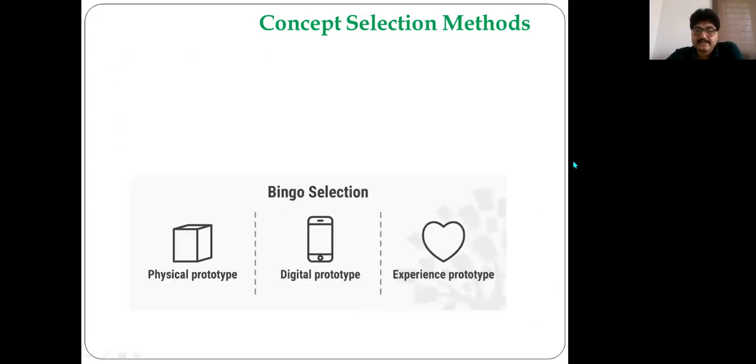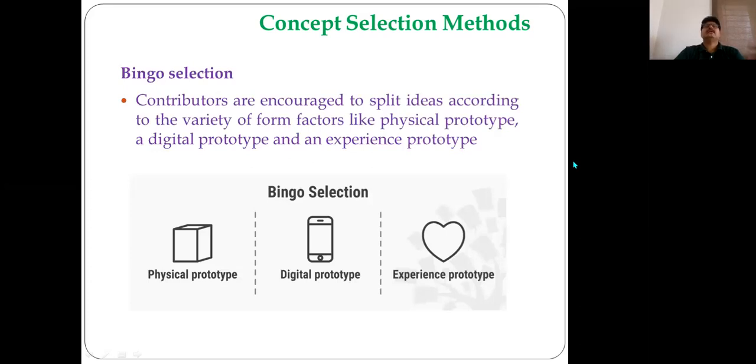Coming to this bingo selection, where you could look at the type of representation of these ideas, according to a variety of factors, either physical or digital or experiential prototype. The way it could be seen by the people, if you look at a physical prototype, what other things could be seen in a better representation?